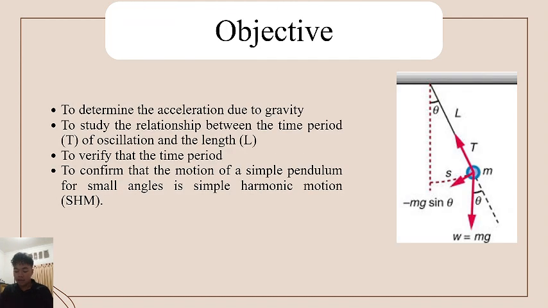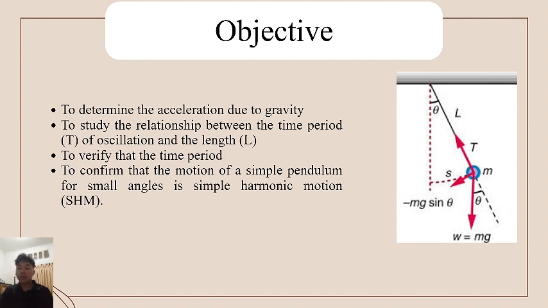And the next is the objective of simple pendulum. Number 1, the objective of the simple pendulum experiment is to determine the acceleration due to gravity at a given place using a simple pendulum.